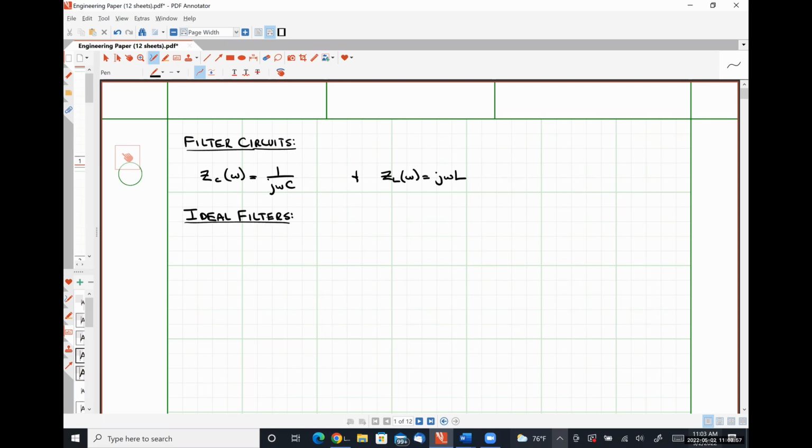Before we get into this portion, I want to ask you guys a very generic question. What is the purpose of a filter? To block things you don't want. Absolutely correct.